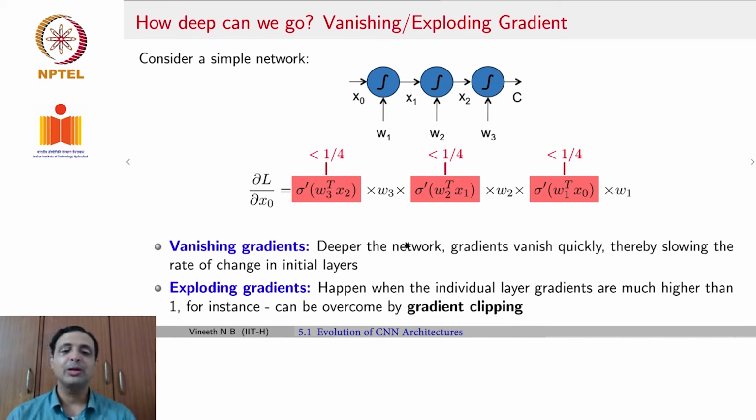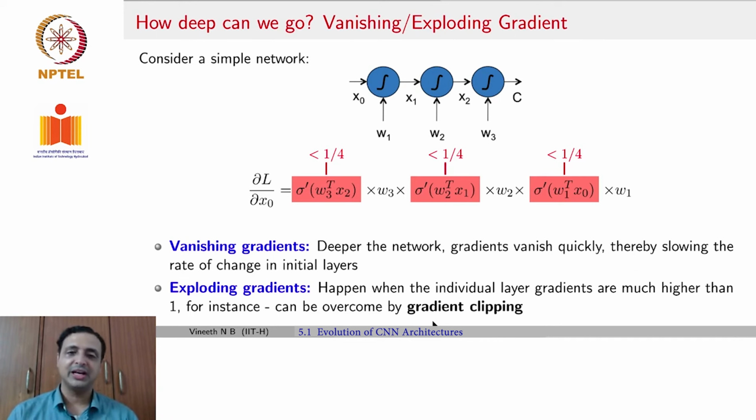However, exploding gradients is often easily handled by a trick known as gradient clipping. This is very popularly used in practice. People just say that when gradient goes beyond 10, for instance, you assume the gradient to be 10. So anything greater than 10 will just be 10. You just clip it at that value, and that will ensure that the gradient does not explode.